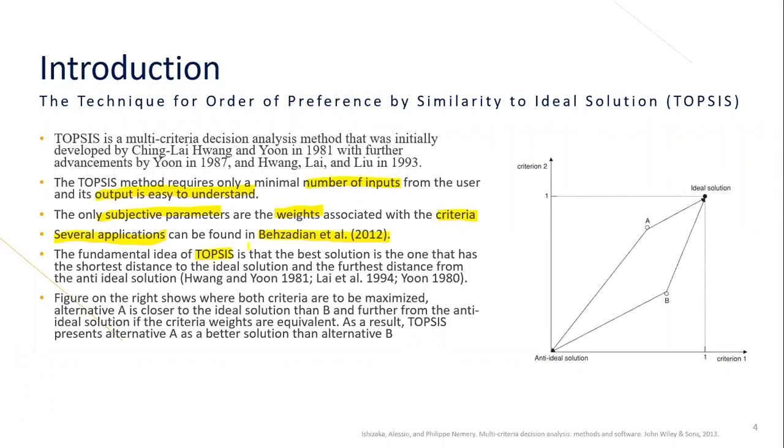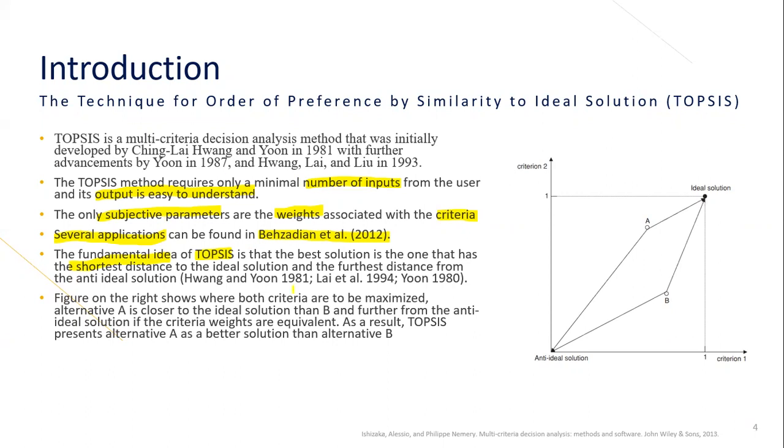How do you measure whether one alternative is better than the other? It is based on the distance, or how similar the alternative or option that you want to choose is to the ideal condition.